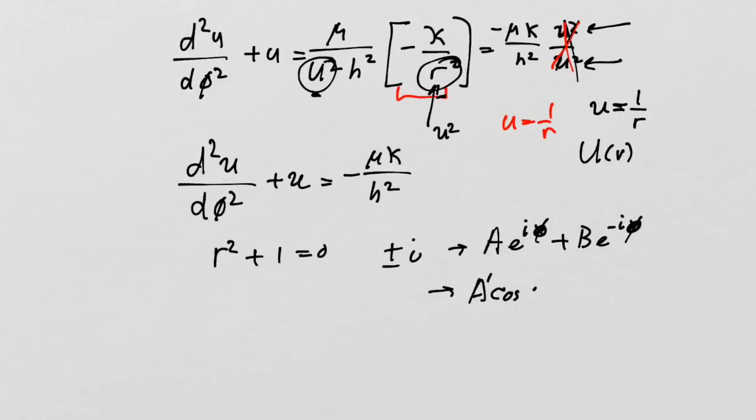Phi. Cosine phi plus B prime sine phi, which I also know can be converted to A double prime cosine of phi minus phi 0.